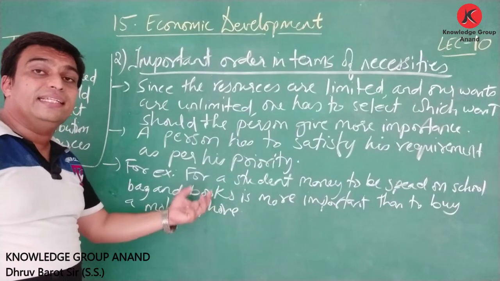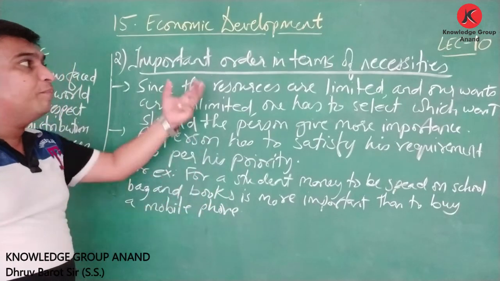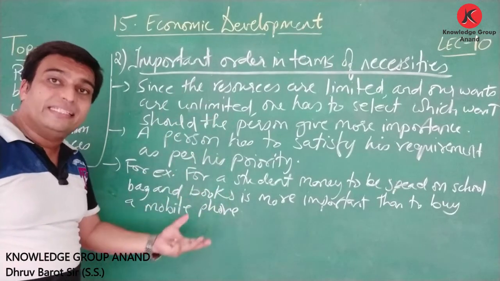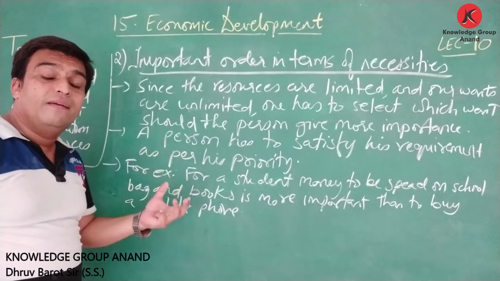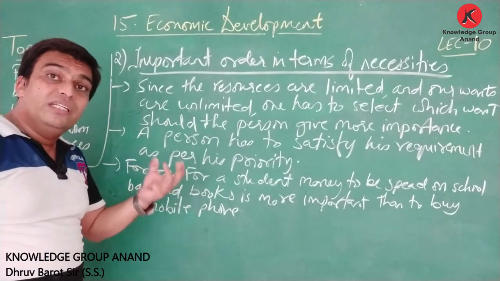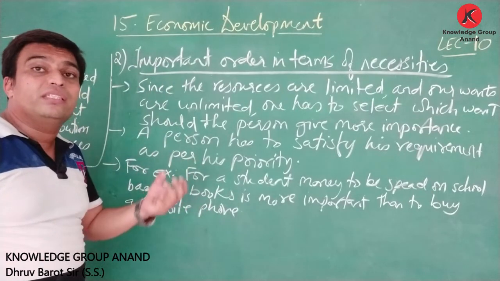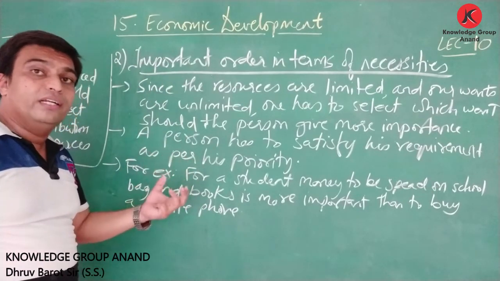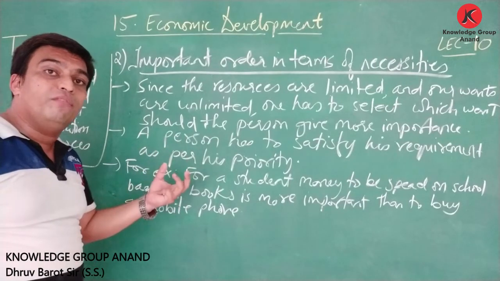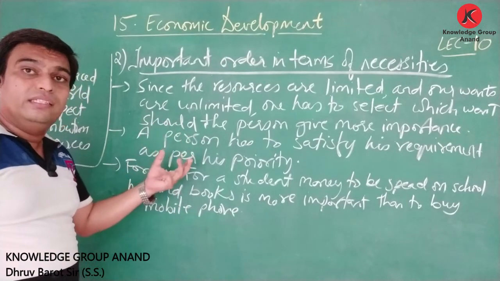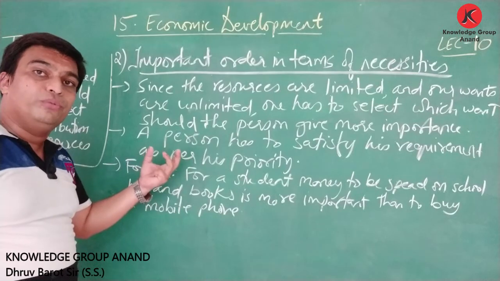And this is the best example of important order in terms of necessity. The person has to select the item which is the first necessity for him, and in that order the person can fulfill his want. So we have understood the second problem faced by the world according to the distribution of resources.